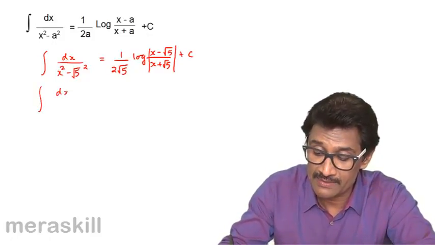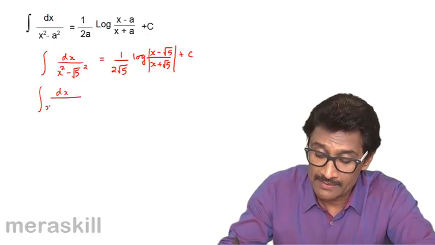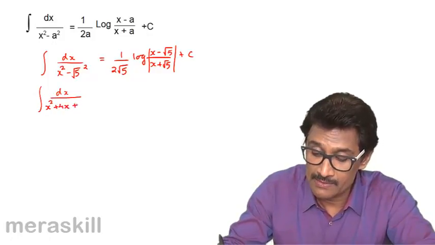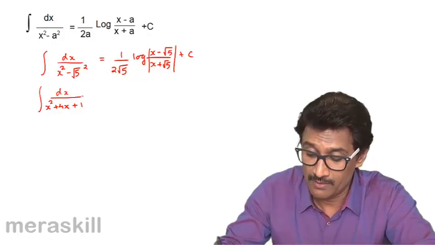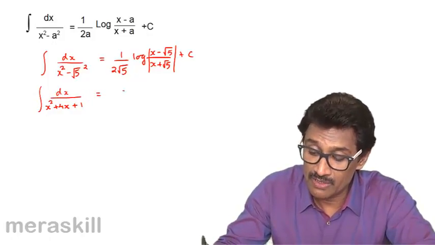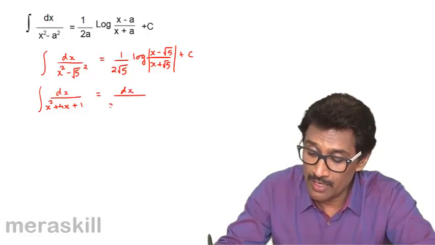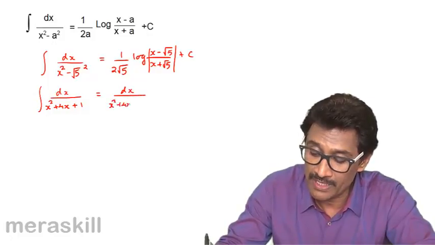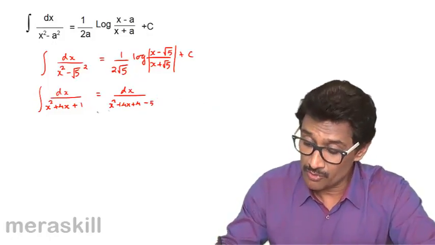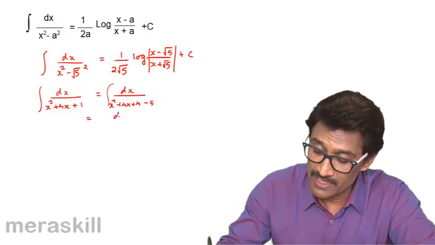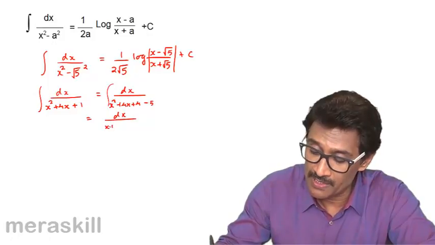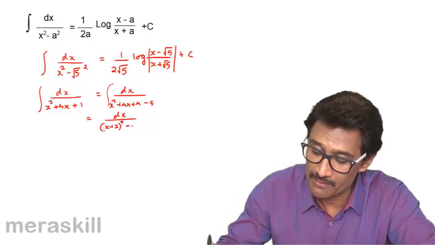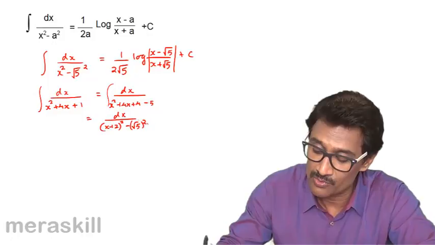Even something like this could be valid. Suppose you have dx upon x square plus 4x plus say 1. This is actually nothing but dx upon x square plus 4x plus 4 minus 3, which is going to be actually dx upon (x plus 2) the whole square minus (root 3) the whole square.